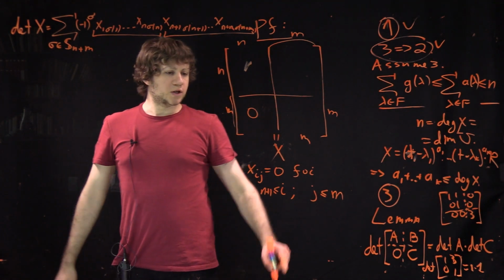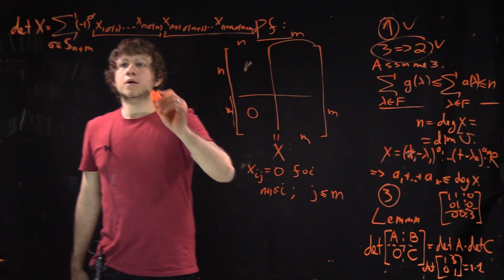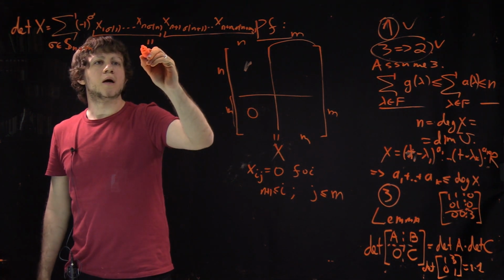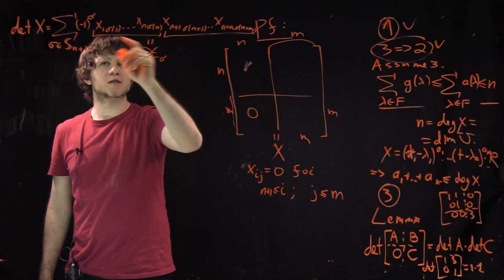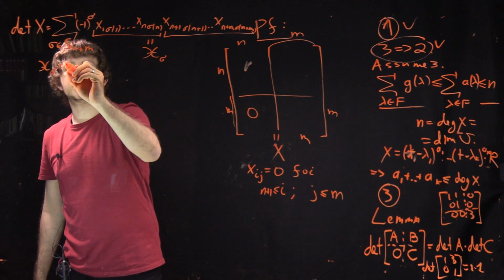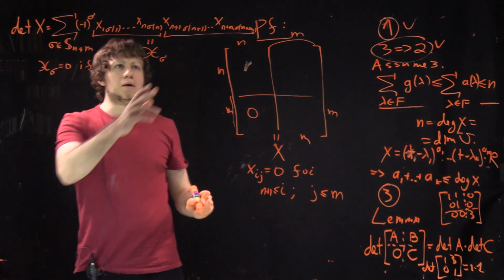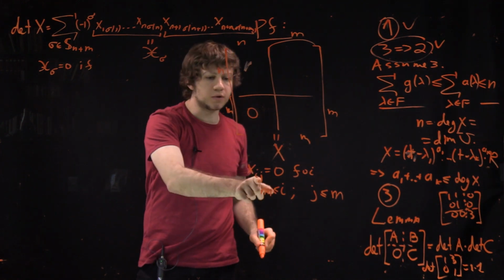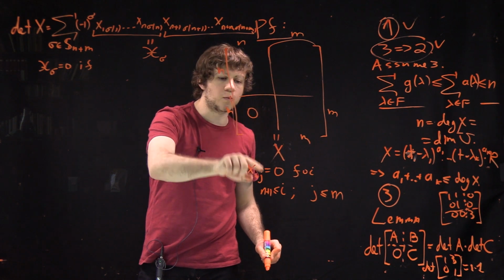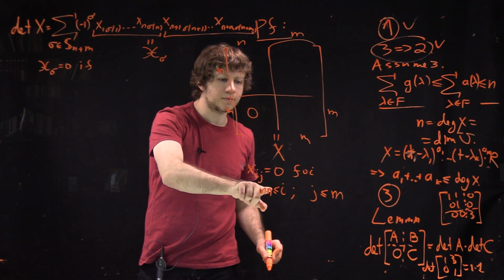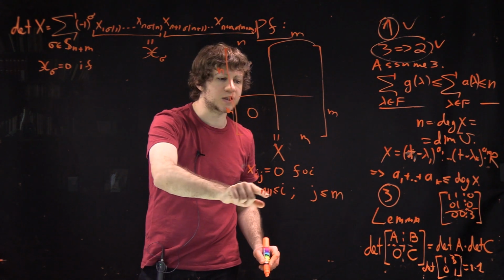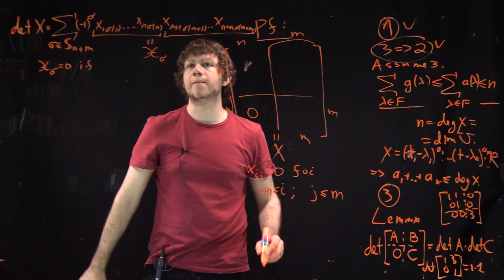Then we know that some of them are equal to 0. Let's denote this monomial by x_sigma. This is just the monomial without sign. We know that x_sigma equals 0 if at least one of the terms equals 0, because we know that everything here is 0, and this happens for i greater or equal than n plus 1 and j less or equal than m.